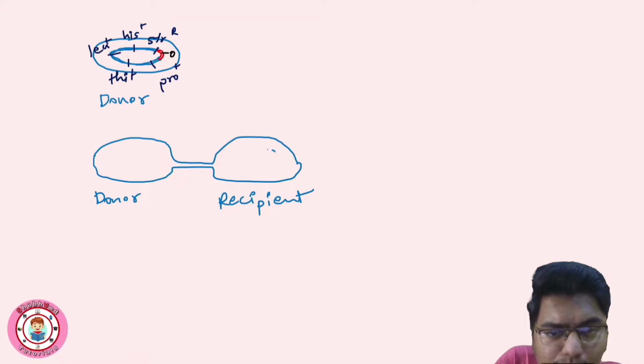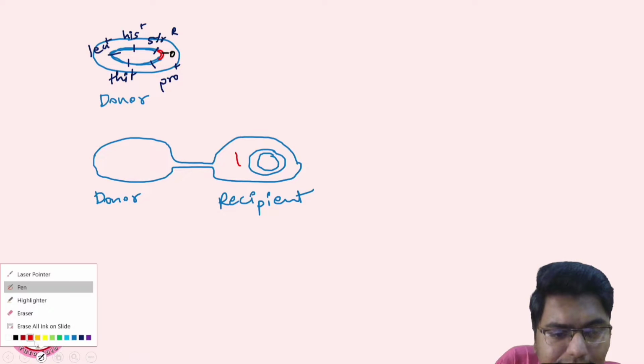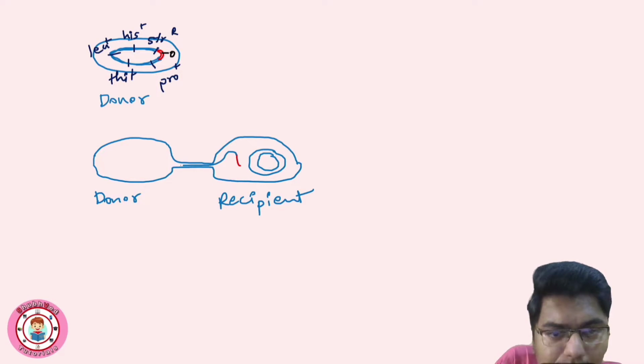The recipient has its own double stranded genome. Now what happened? The HFR factor with the first gene: the first gene has come here. This is streptomycin R.